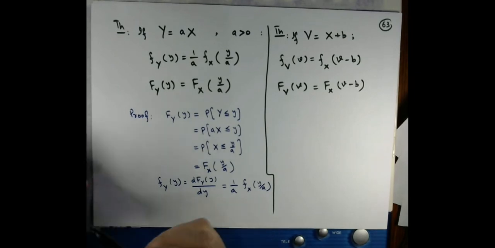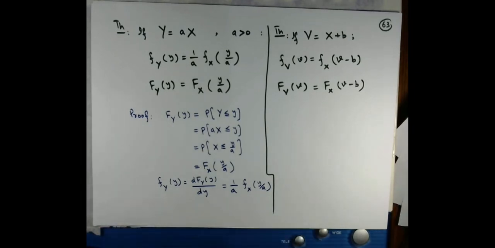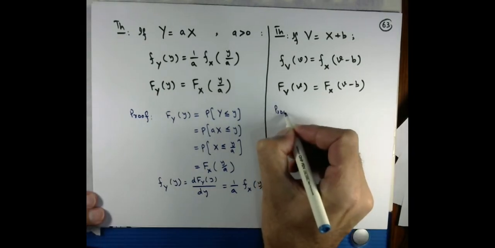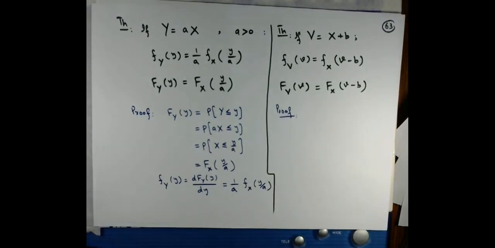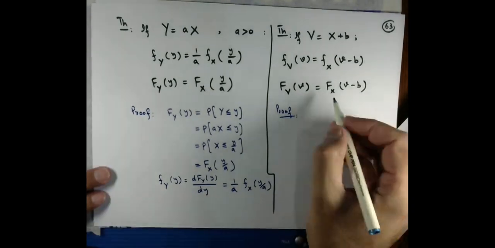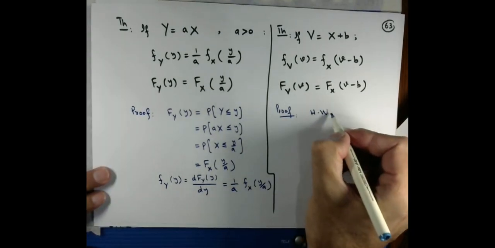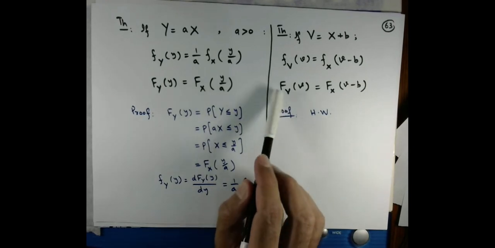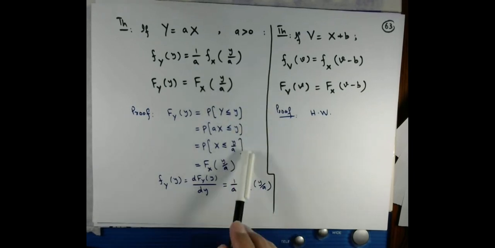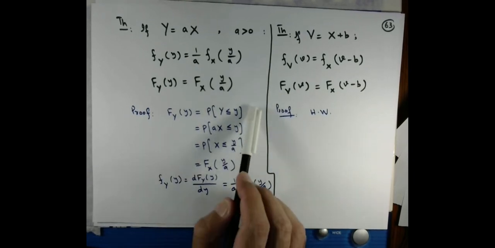I'll leave the proof of these two expressions as homework. So do prove these two relations. It is so simple. As I said, you first find the CDF of the derived random variable, and you can find it using something similar to this.